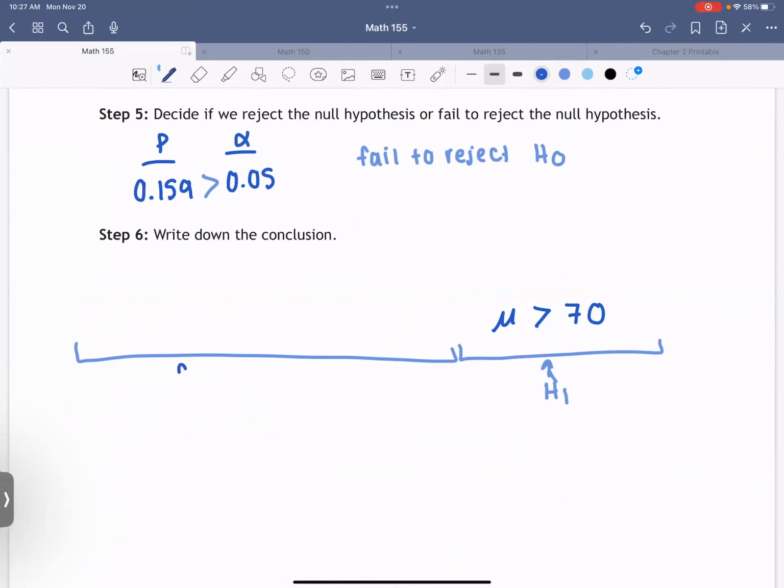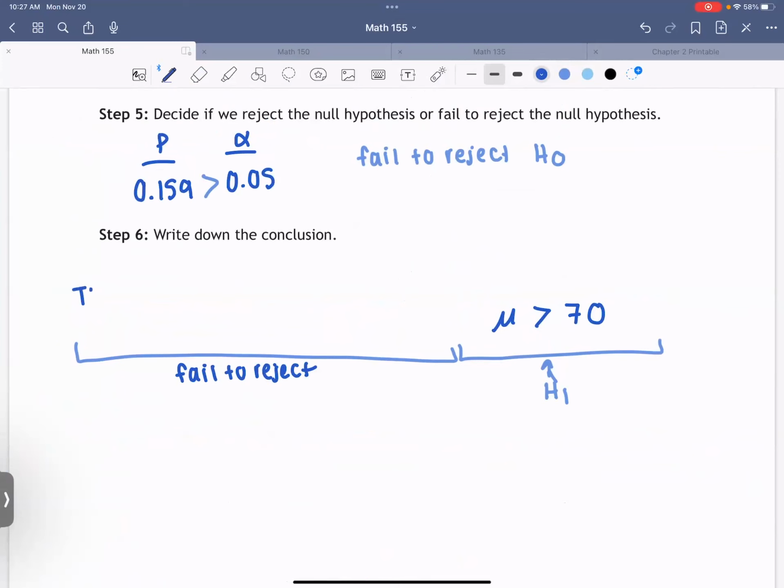So since we fail to reject, do you remember if we say we conclude or do we say not enough evidence to conclude? Not enough evidence to conclude, right?